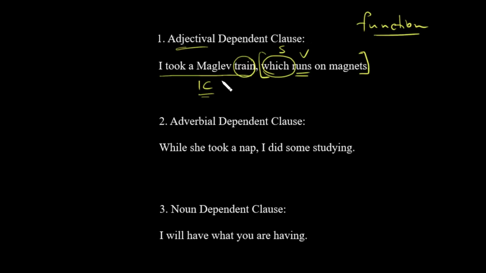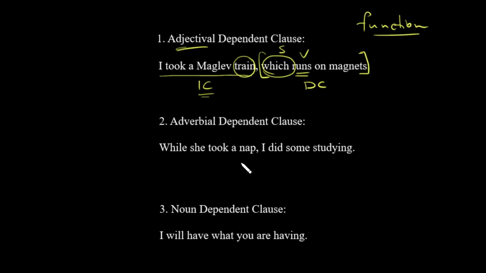So the train is in our independent clause, and then this dependent clause is functioning like an adjective. What kind of train? The train that runs, or which runs, on magnets. Okay, so that's an adjectival dependent or subordinate clause.